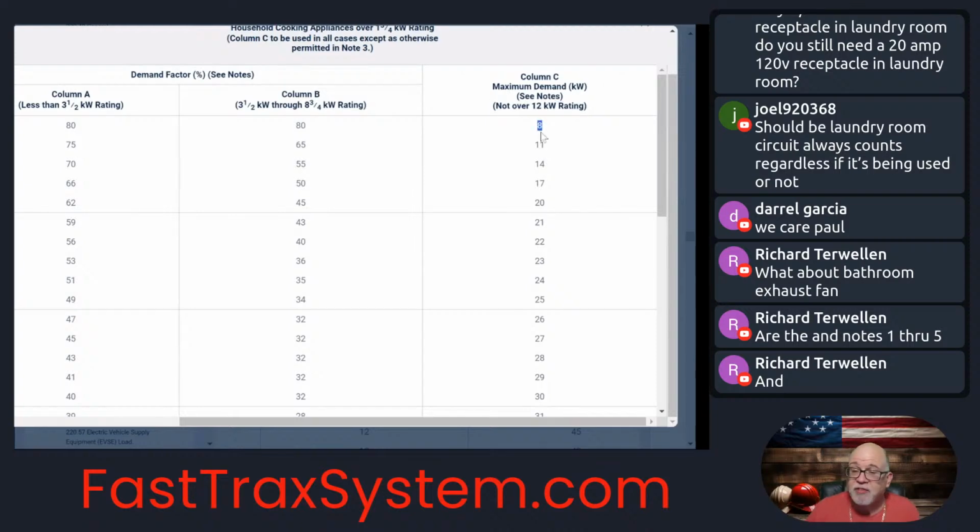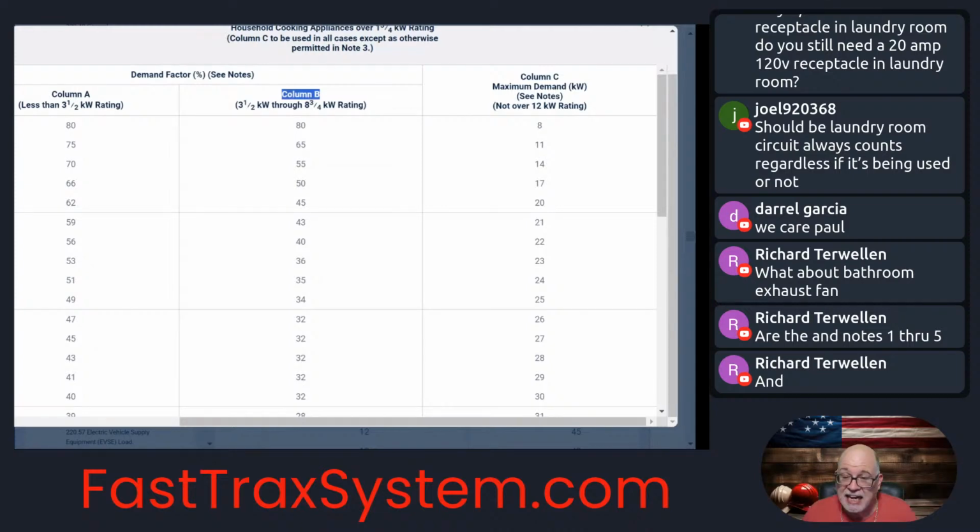If it's a 12 kW range, we would use 8 kW. If it's an 8 kW range, we'd use 8 kW, okay? If we're using column C. But if it's an actual 8 kW range, then you would go over here and compare it to column B, because that means the 8 kW range would fall between 3.5 and 8¾. See how that works?